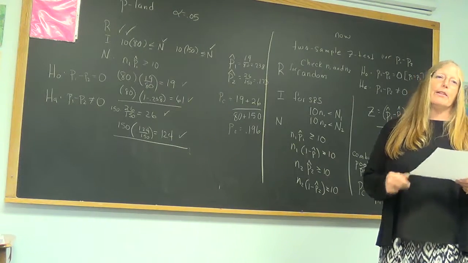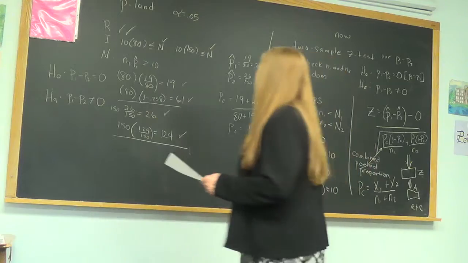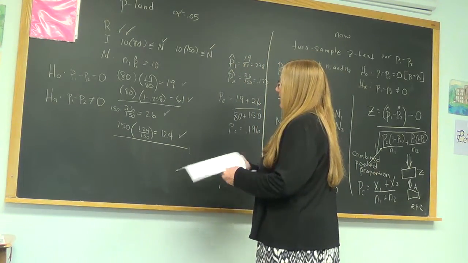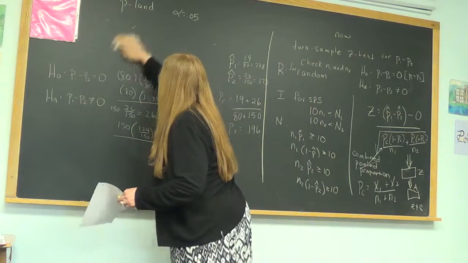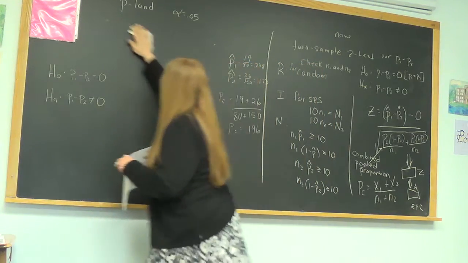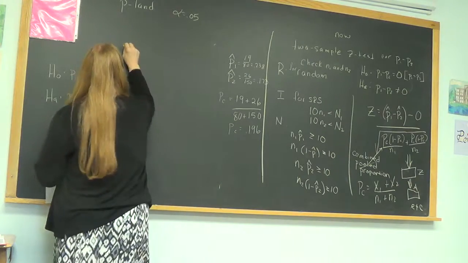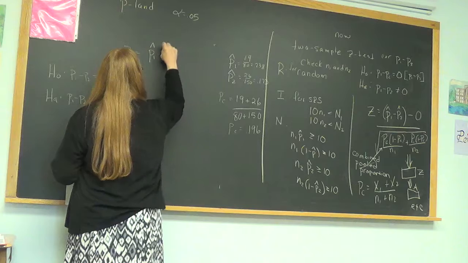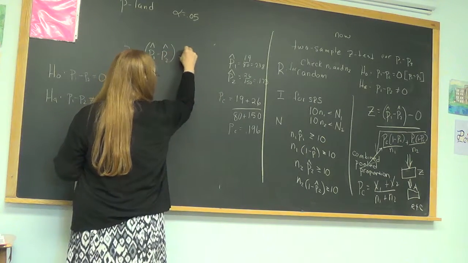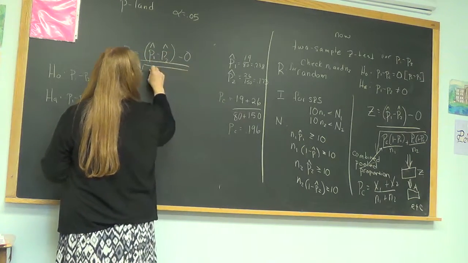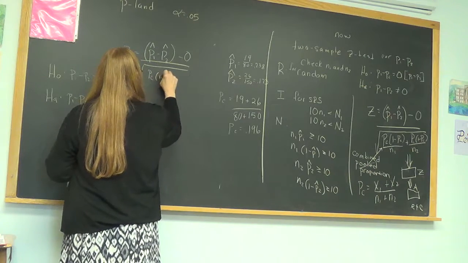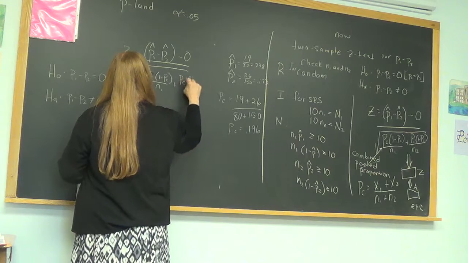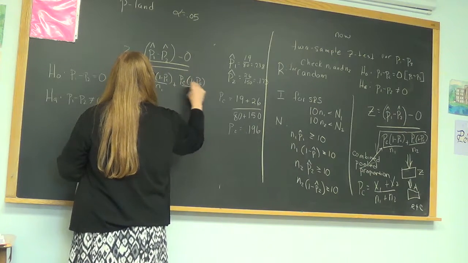All right, numbers. Bree, I'm going to write out the equation, and I'm going to ask you to pick out some numbers for it. So we want Z equals P hat 1 minus P hat 2 minus 0 over the square root of P combined, or pooled, times 1 minus P combined over N1, plus P combined times 1 minus P combined over N2.